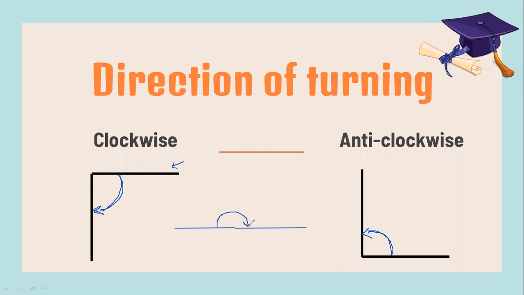We say it is anti-clockwise if it is turned like this, from this to this. Okay, so that is about direction of turning. It is divided into two, clockwise and anti-clockwise.